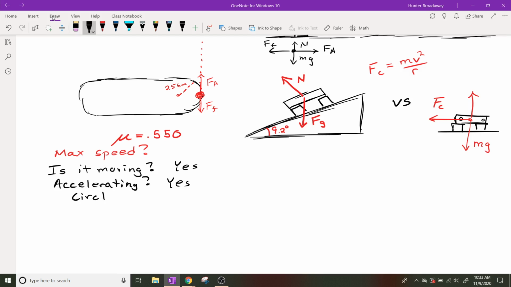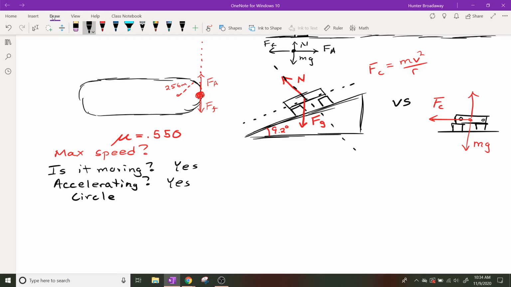So I'm just going to write a circle down here. That means that we've got v squared over r. So if we make our line of action on a curved embankment like this, our line of action is going to go like this. Our line of action is up the ramp, and along the normal force. That's our coordinate system.